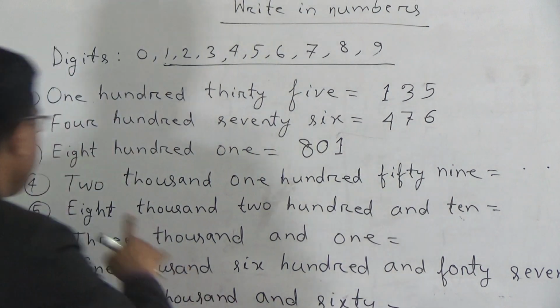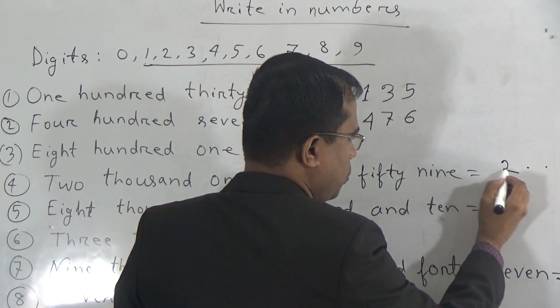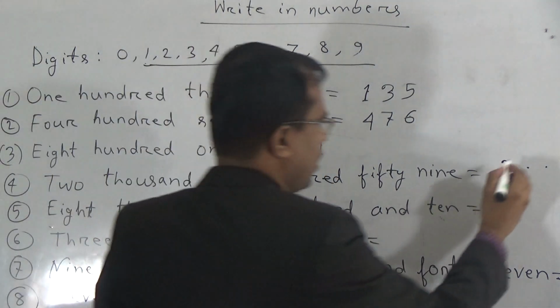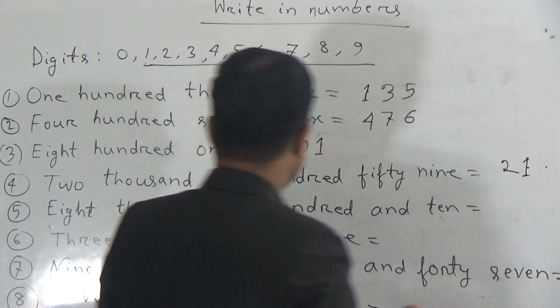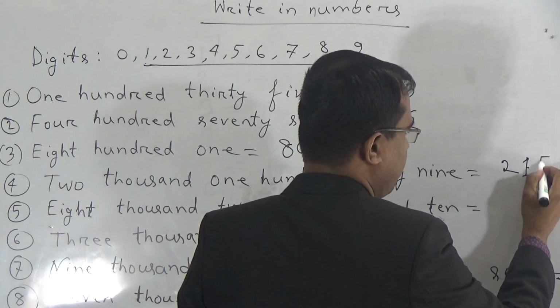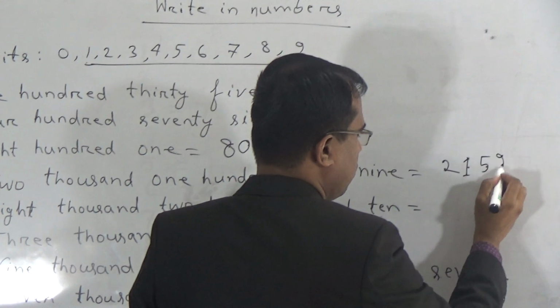Now here 2000, that means in thousands place we have to write 2. Now 100, in hundreds place we have to write 1, and 59, that means in tens place 5 has to be written and 9 in ones place.